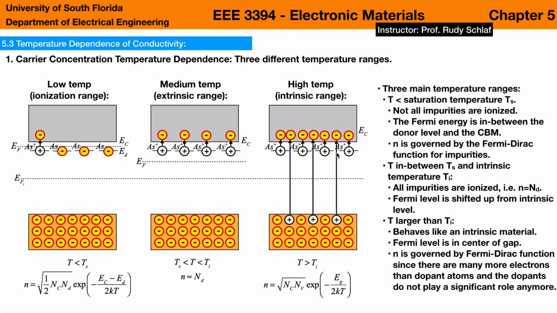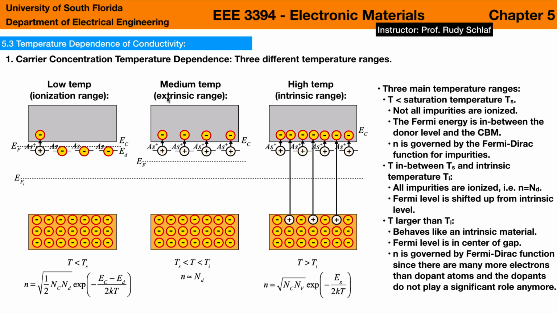It's interesting to look at what's happening with the Fermi level through these three ranges. In the intrinsic range, of course, the Fermi energy will be near the center of the gap again, because once thermal generation dominates, we have a similar number of electrons up here as we have holes down here, and then the Fermi energy is again in the center of the energy gap.